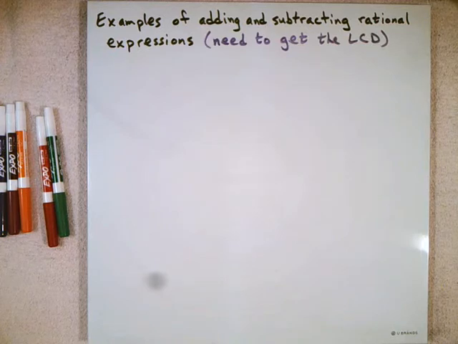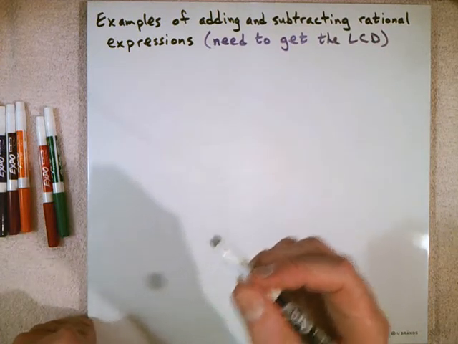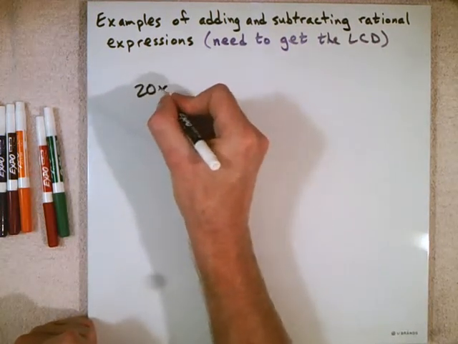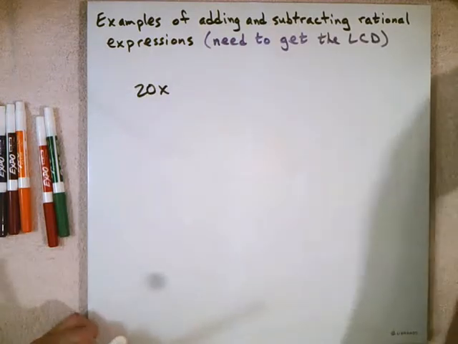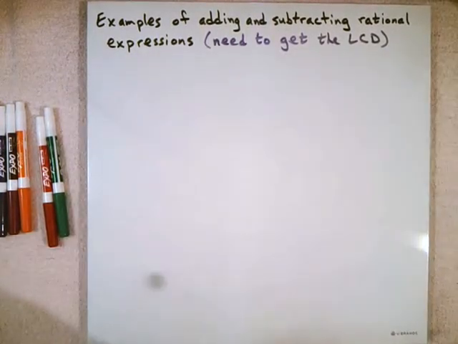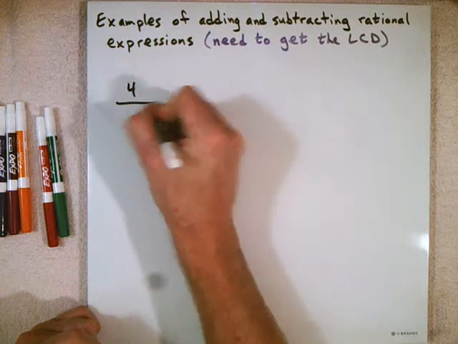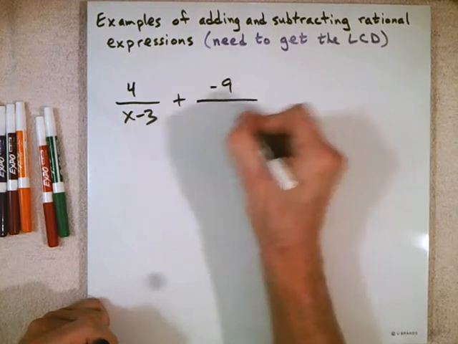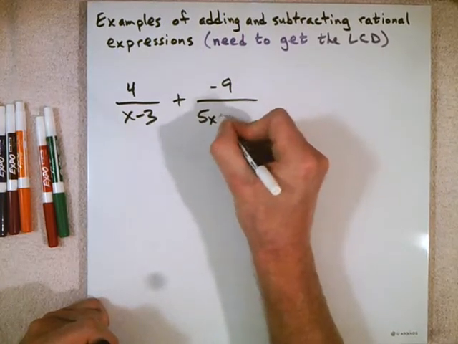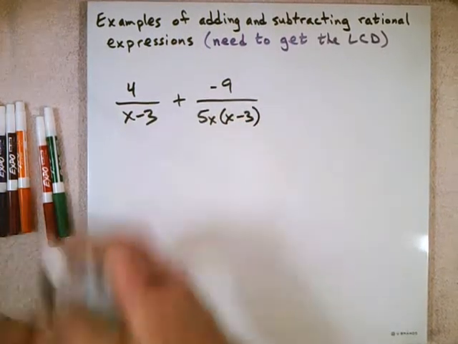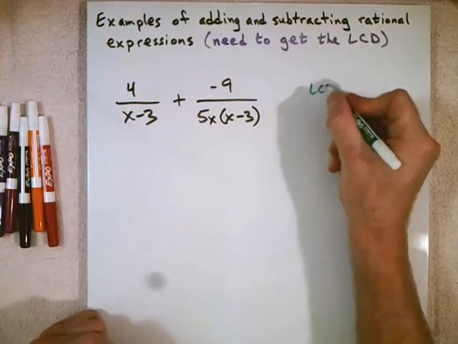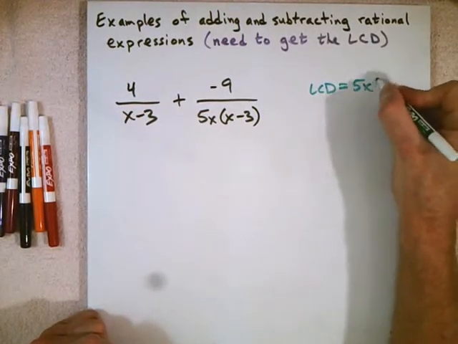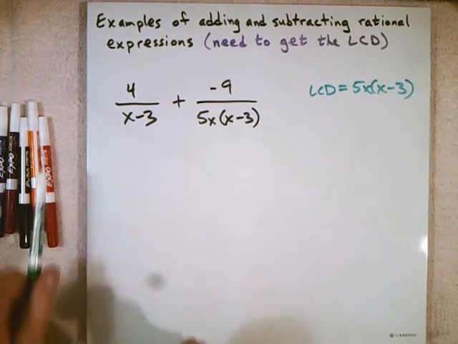We end up having 20x on top. Let me copy what I had before, just to make sure: 4 over x minus 3, and then plus negative 9 over 5x times x minus 3. The LCD there was 5x times x minus 3. I'm just replaying the bottom of that part that we just worked on, and we have more room here.